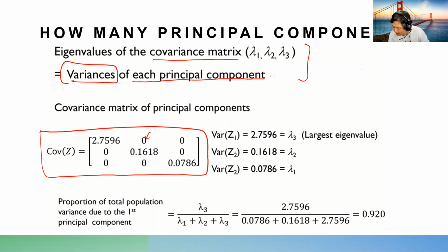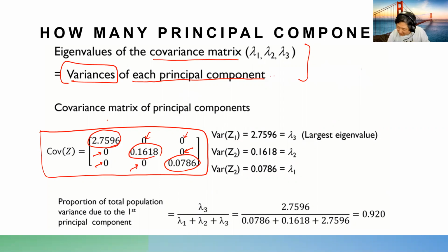All the covariances of each axis are 0, and then this is the variance of each what? The axis, the principal component. So the variance of each principal component is the eigenvalue, right?